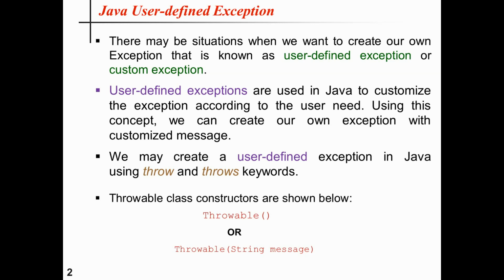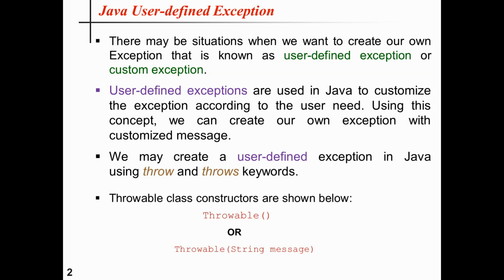Now we may create a user defined exception using the Java throw and throws keywords. Obviously we have to use the combination of try and catch blocks wisely to deal with the exception in a proper way.